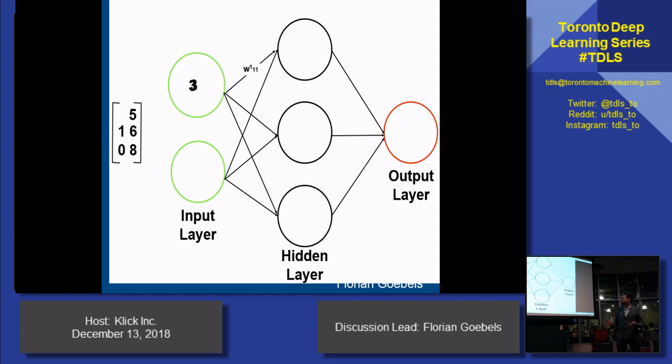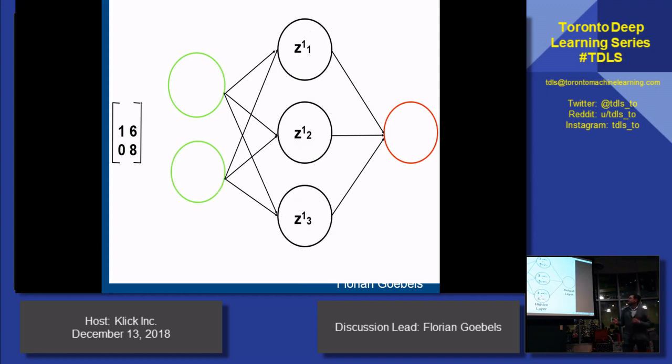We have these 6 neurons, and they're going to create 3 hidden states. For each hidden state, I have one weight, and I multiply it with another weight for the second dimension, and I take the summation of these. You have to think of it as a weighted combination of these two values. And now I have my hidden state.